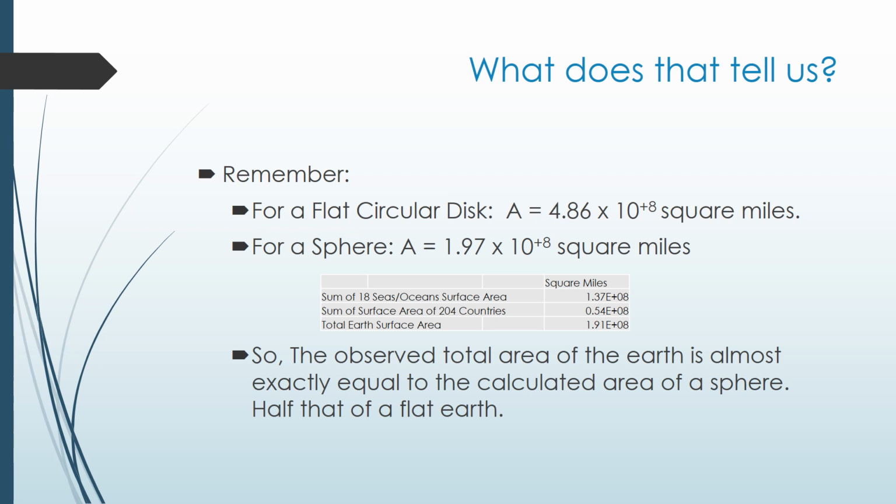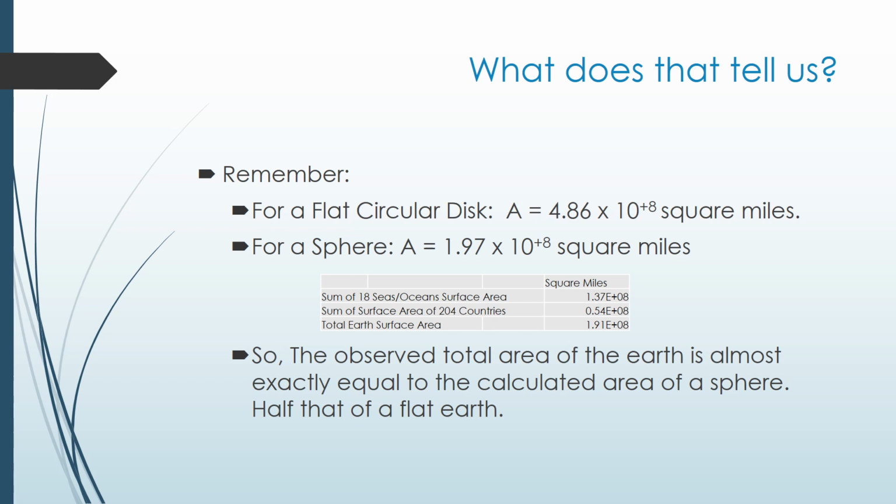First of all, I did the sum of the 18 seas and oceans that we saw on the previous slide: 1.37 e to the plus 8, or 10 to the 8. I added up the countries. The sum of the surface area of 204 countries plus Antarctica adds up to 0.54 times 10 to the 8.